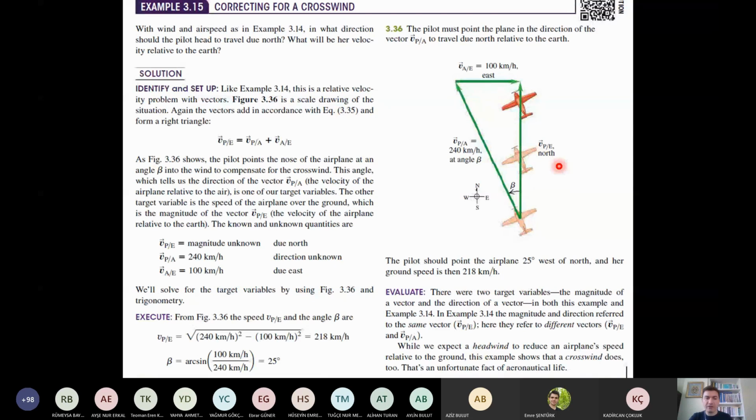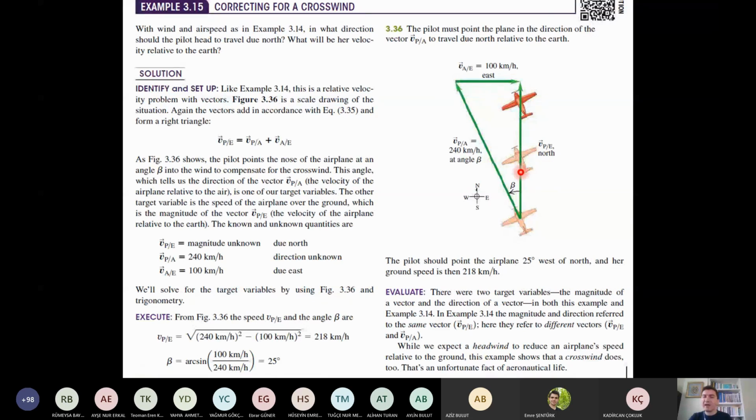Then you can calculate speed of plane relative to the Earth, which is given by 218 km per hour. So it has actually higher speed relative to the air, but relative to the Earth, it has lower speed due to the wind, crosswind.